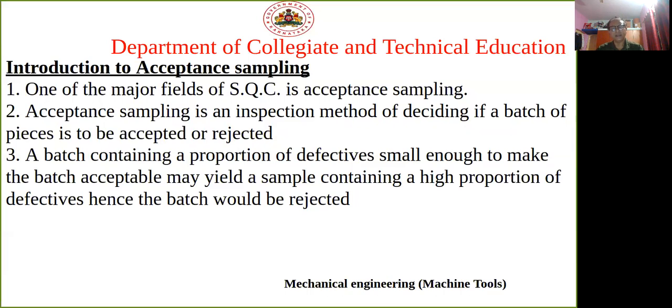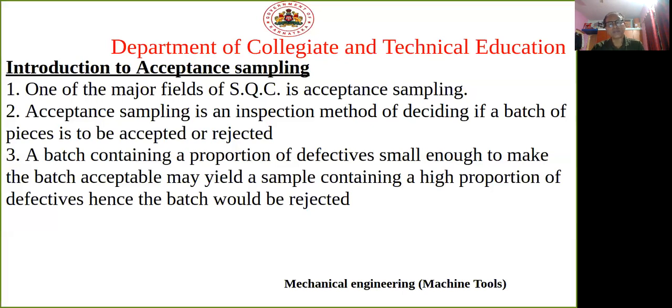They are all tools used to control the quality of the product. Acceptance sampling is also one of the major fields of SQC, apart from the charts for variables and charts for attributes, where we can control the quality of a product.